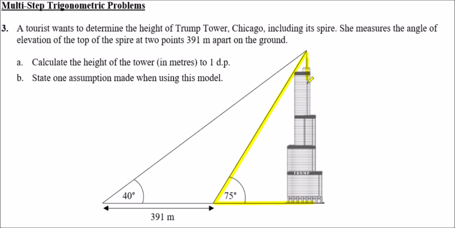And go down the spire. Like so. So we've got the yellow triangle, and the bigger triangle, in terms of how I'm seeing it, is this one with a 40-degree angle.